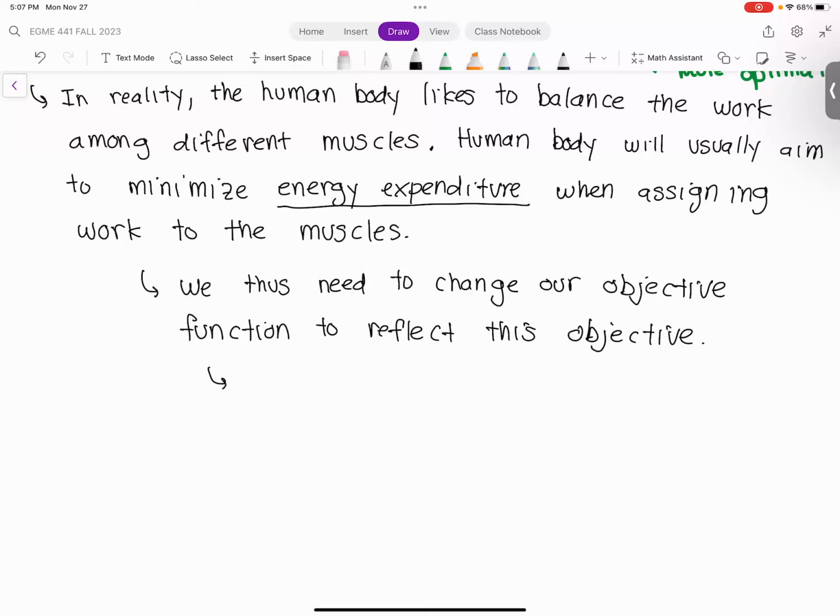A good surrogate for energy is to take a muscle force and just square it.